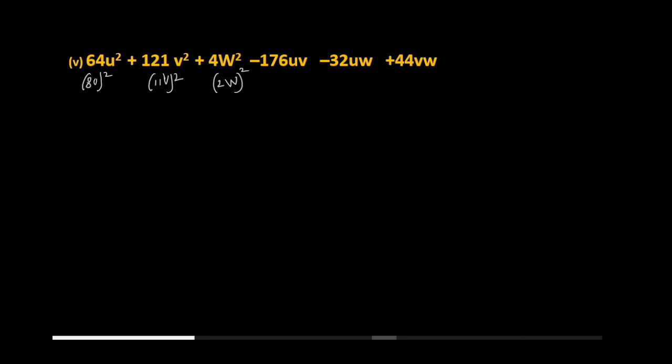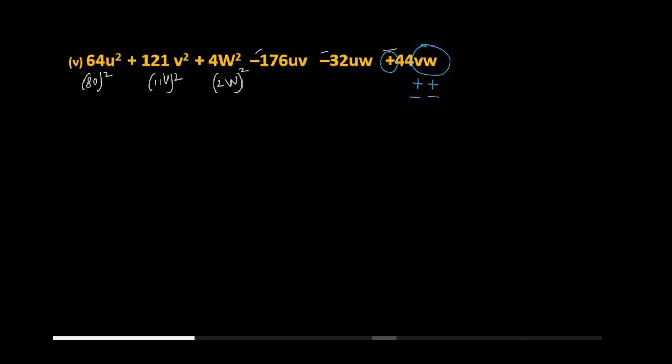Now here once again we need to confirm the signs of u, v, w, because the first term is negative and another is negative, while here it is positive. When positive is there, v and w should have the same sign. If v is positive, w should be positive. If v is negative, w is negative, then only we will be getting the plus sign.